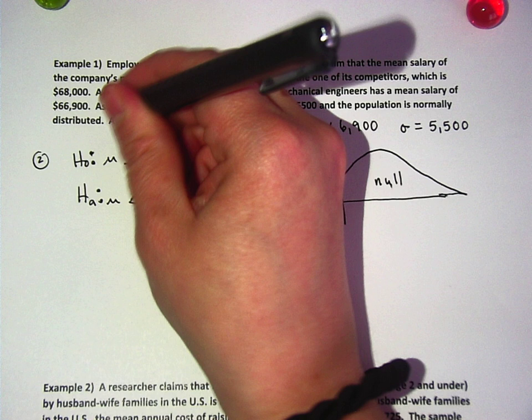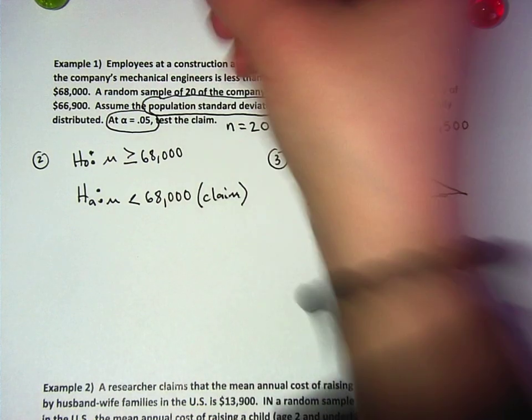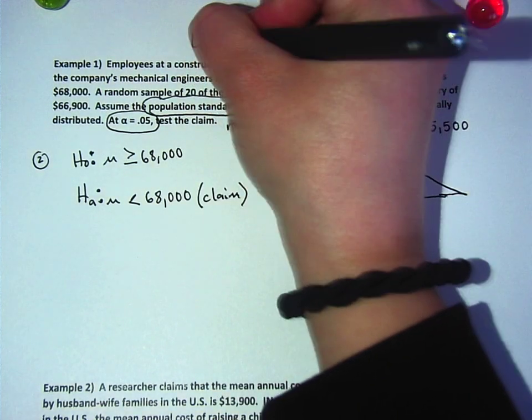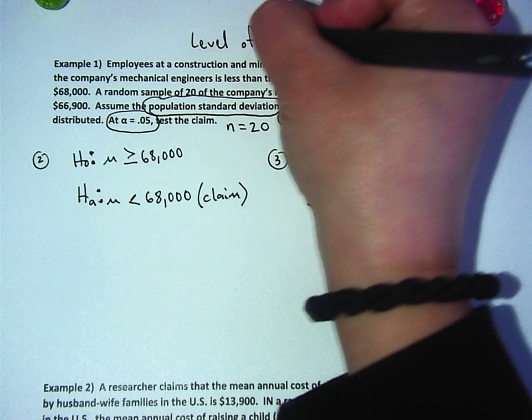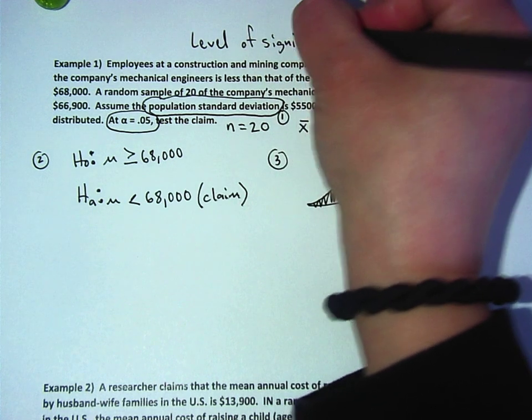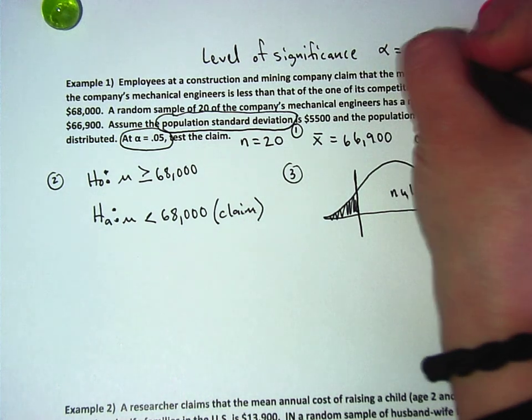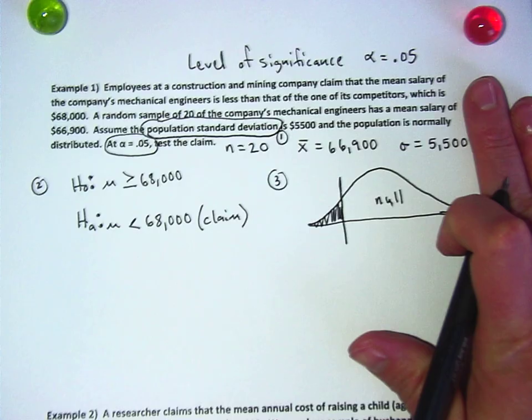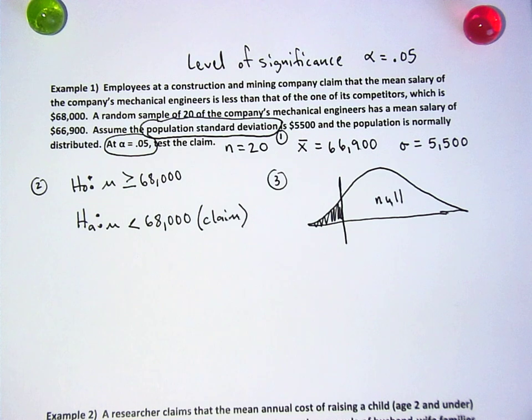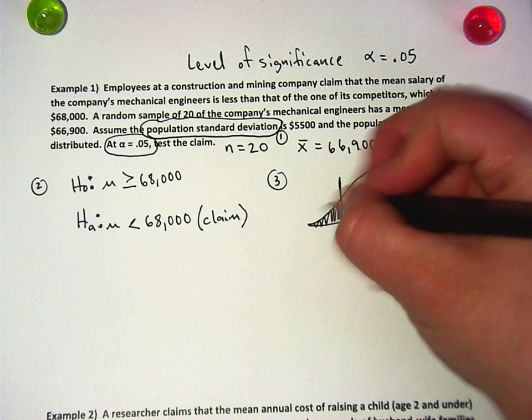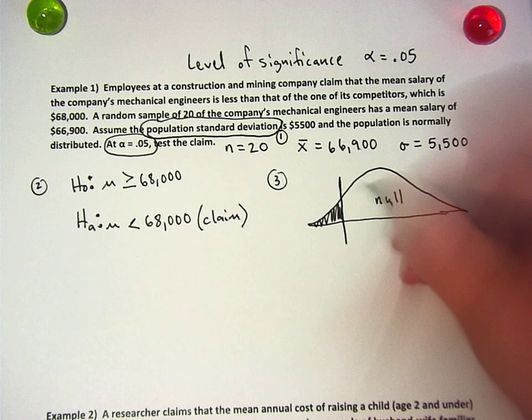This is the level of significance. So the level of significance of this problem, I'm going to write it on top. Level of significance is alpha equals 0.05. Alpha is the probability of making a type 1 error. So that means that this area over here is 0.05.